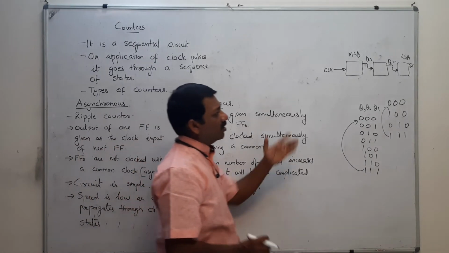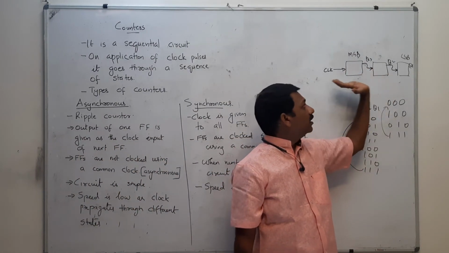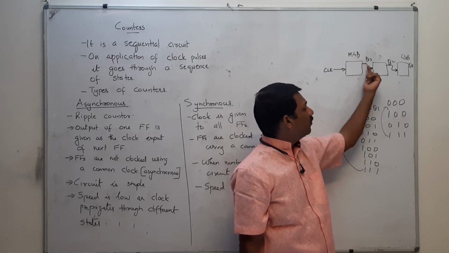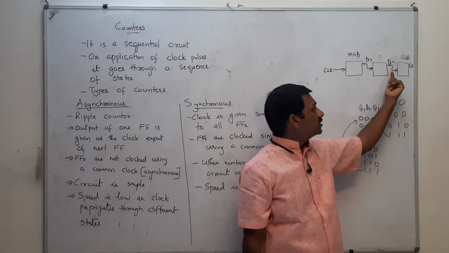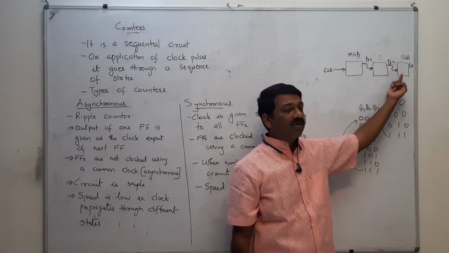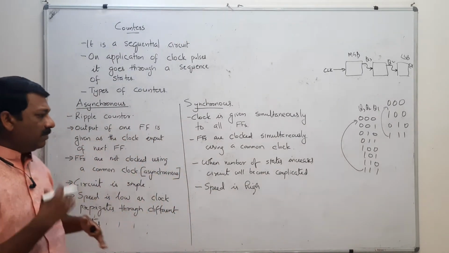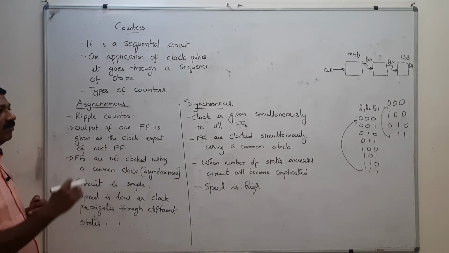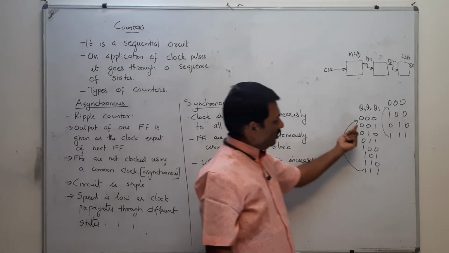That means no more circuitry has to be provided here. Output of one is given as the clock input of the other, and the output of the second flip flop is given as the clock input of the third one. The design is very simple, but it can be used only for ripple counters. That means this is an example of a ripple counter.